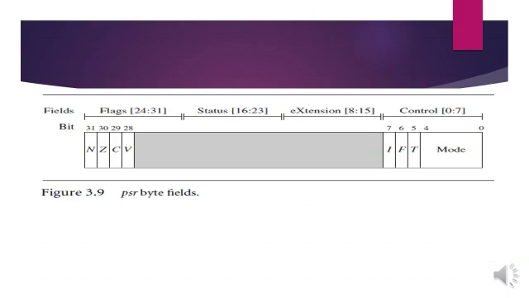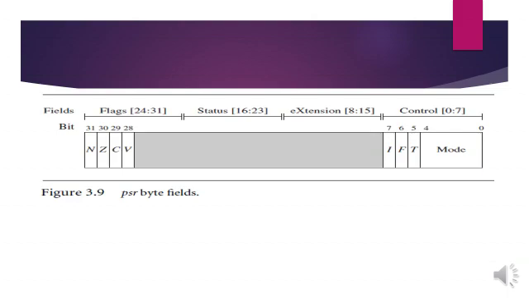Each of these is 8 bits in size. In the diagram you can observe the upper 8 bits are for flags whereas the lower 8 bits are for control. Out of these four fields, two fields, status and extension, are reserved for future use.